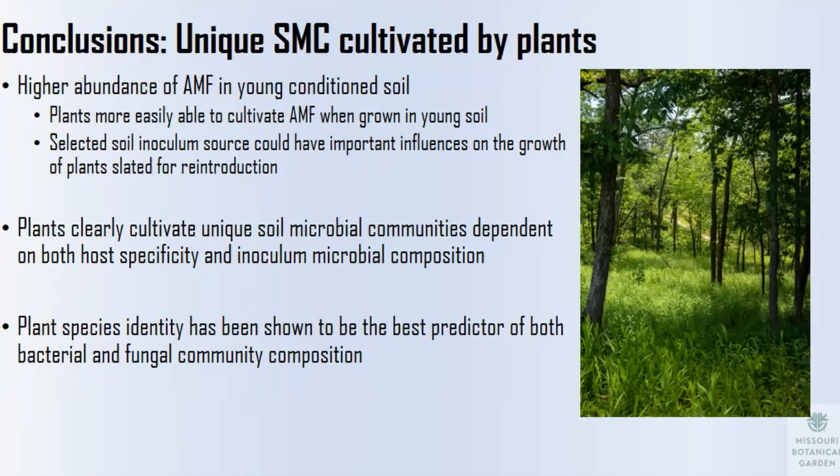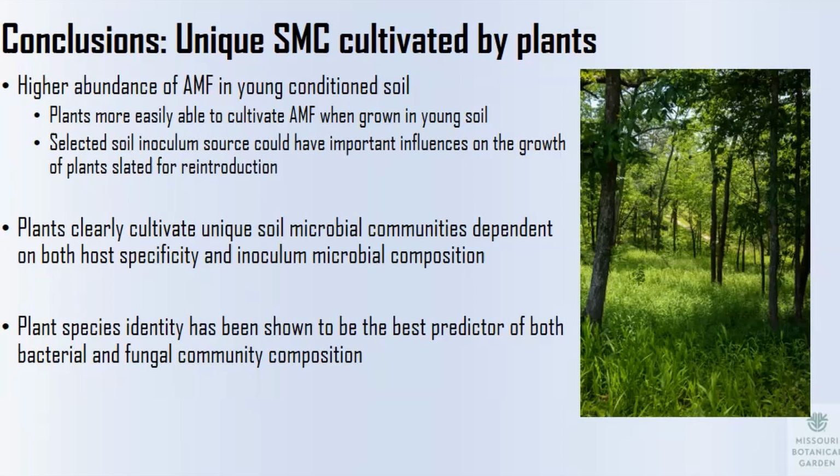And plants are clearly cultivating their own soil microbial communities depending on both the host specificity and the inoculum. You can really think of it almost like a fingerprint in which the plant and the inocula have this unique microbiome, and the composition will vary even in very similar species.